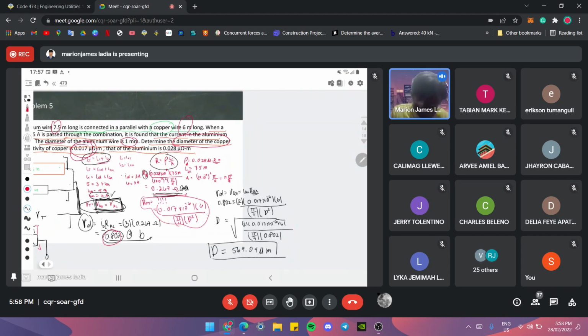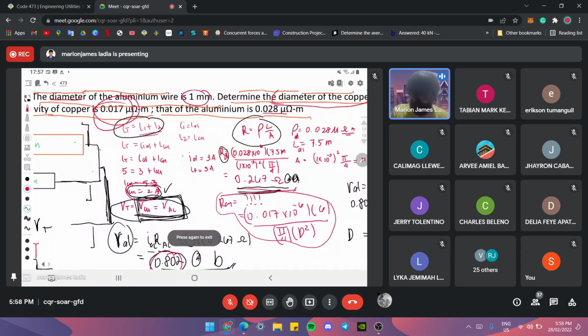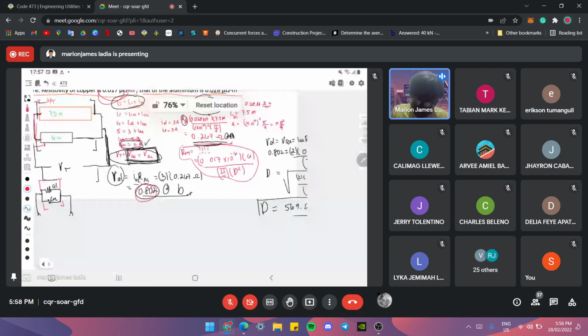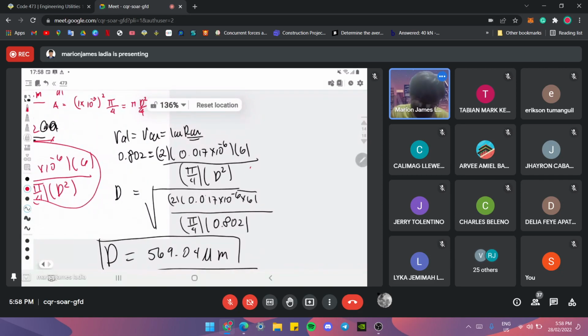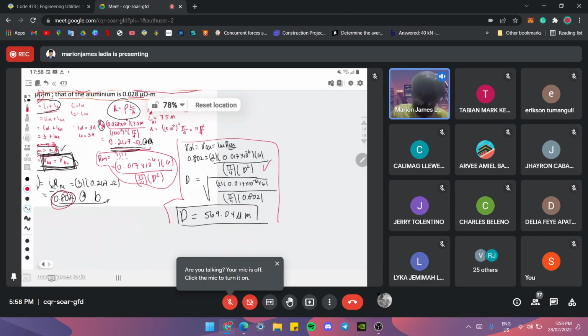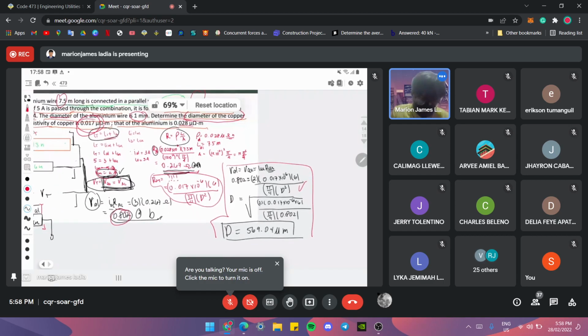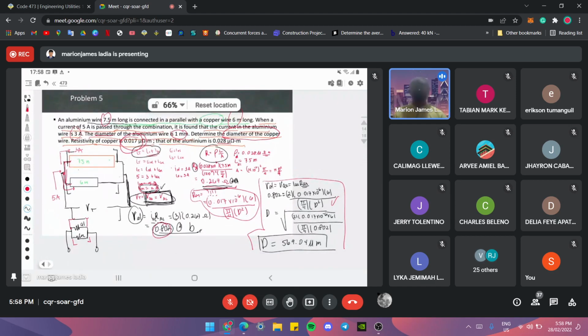But alam natin yung current na pumapasok sa kanya, which was initiated, which is na 2 ampere. So from that, inequal natin sila para ma-solve yung diameter natin. Okay? So yun yung solution. So concept na parallel connection and also yung ating Ohm's law. Yun yung mga key concepts natin dito. Okay? So yan, that is problem number 5.